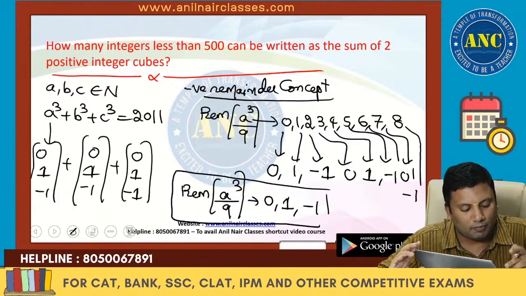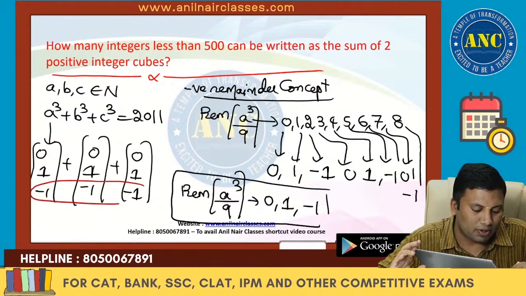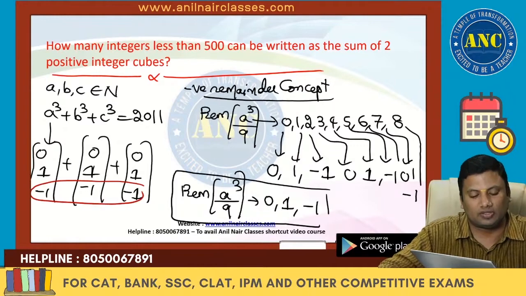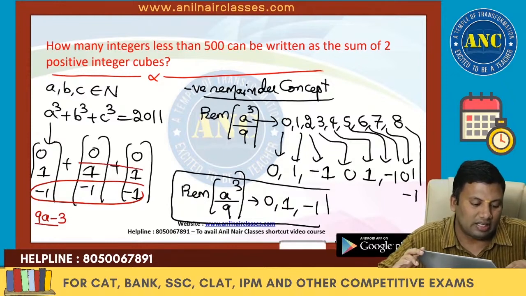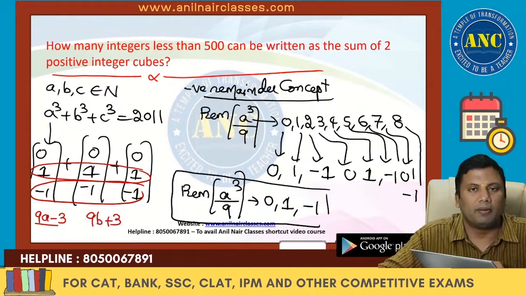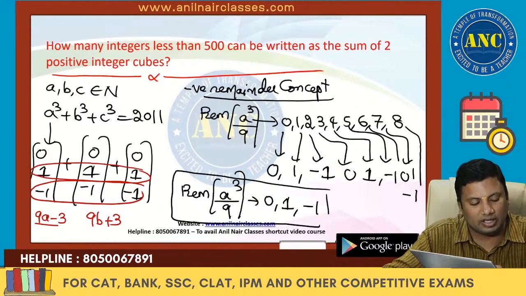What is the lowest remainder that is possible? Minus 1, minus 1, minus 1, which is minus 3. So, answer can be of the form 9a minus 3. What is the highest remainder that is possible? Which is nothing but plus 3. Remainders oscillate between minus 3 to plus 3.